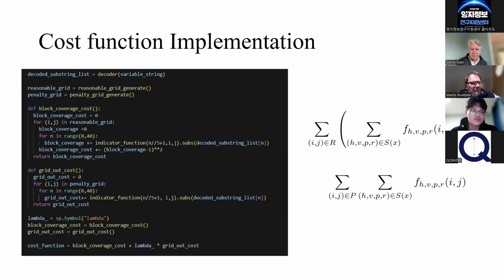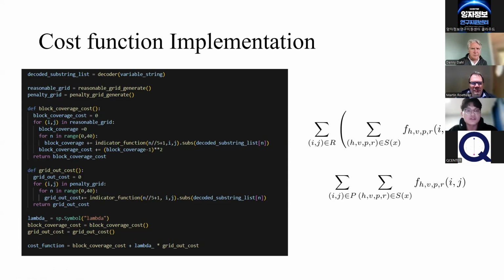So we use our decoder function to decode our input bit string and then generate our puzzle grid and the penalty grid. The block coverage cost function returns a symbolic expression for the overlapping term. Each piece is assigned a shape by this arithmetic, since there are 5 pieces per shape. We substitute our decoded values into the indicator function.